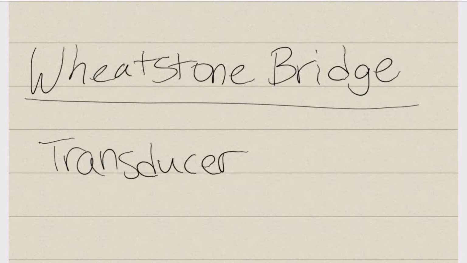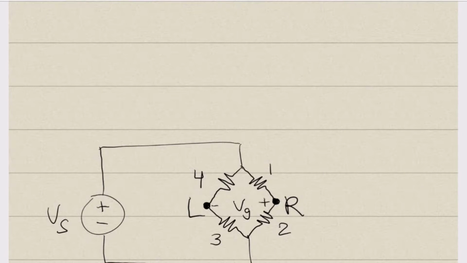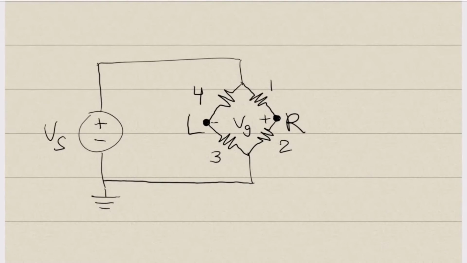A Wheatstone bridge is as follows. It is a voltage source and two pairs of resistors in parallel. The voltage from the top node to the bottom node is equal to the source voltage for both branches, but the voltage at the node in the middle of each branch, labeled here as L and R, may change depending on the values of the four resistors.